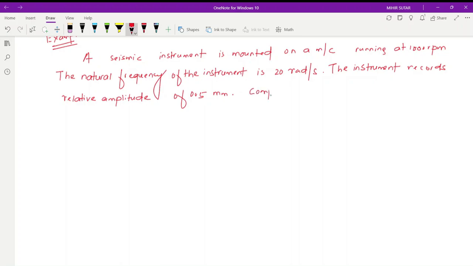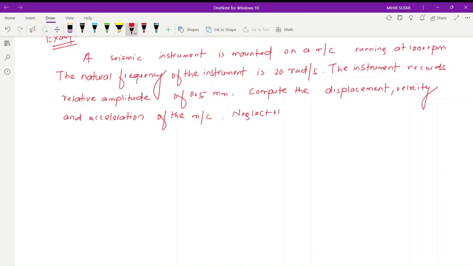Now the question is to compute the displacement, velocity and acceleration of the machine. Neglect the damping of the instrument.